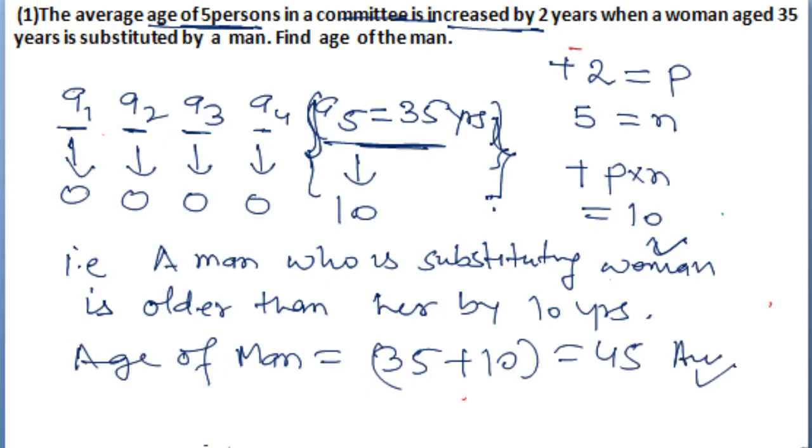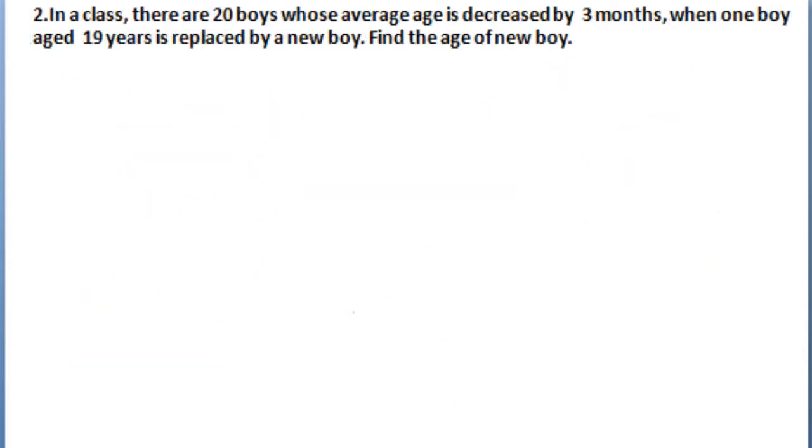Now let's see question number 2. In a class there are 20 boys whose average age is decreased by 3 months when one boy of 19 years is replaced by a new boy.